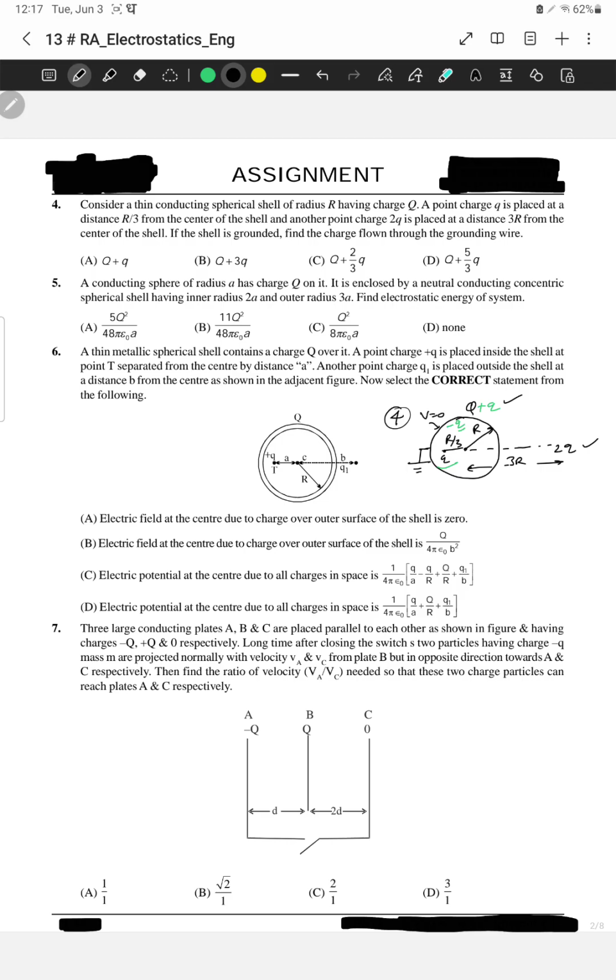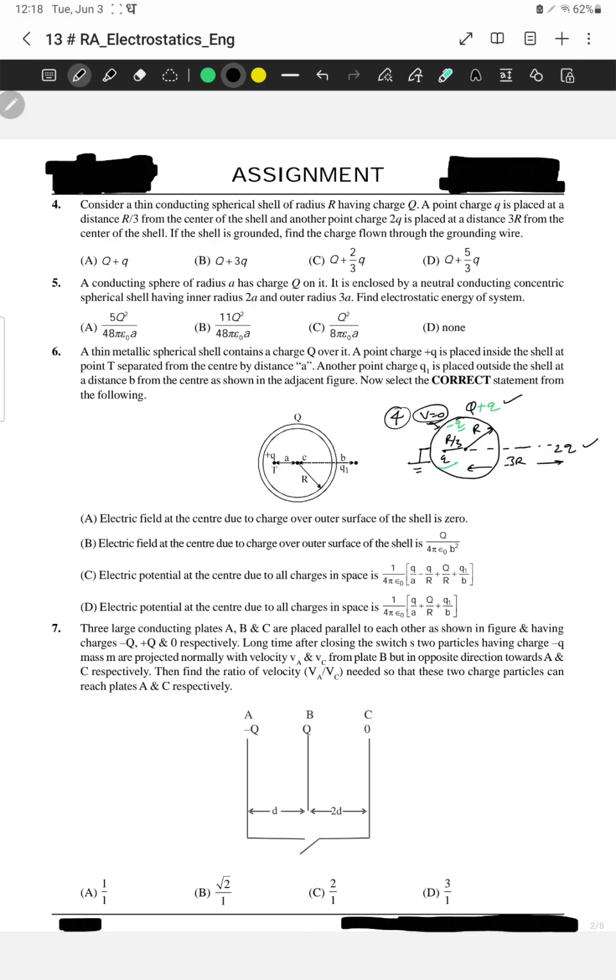So who will make that potential equal to 0? The outer surface charges, the charges that are outside. So that's what we are going to do here. So q and 2q are there, and after grounding, let's say the final charge on the spherical shell is q dash.